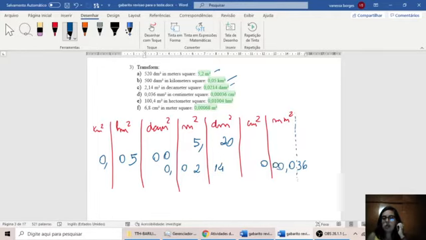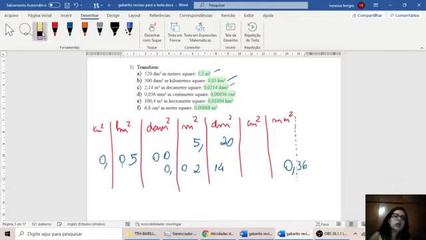Let me do it better. Look, we have 0 point and the 36 is over here. So if I arrive in centimeter square, I complete with 1 zero, right? And then one more zero, and then the last comma goes away. So I finally have the answer.